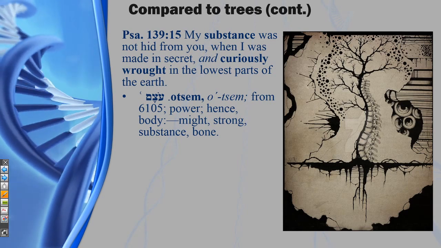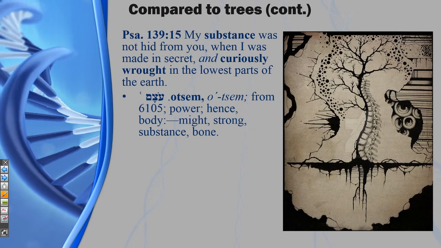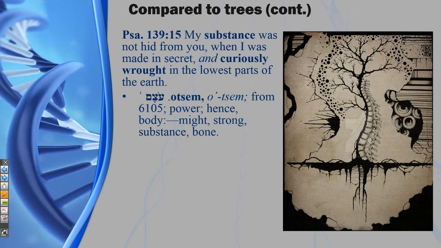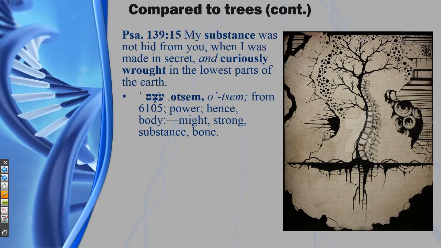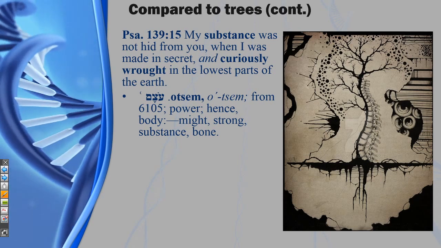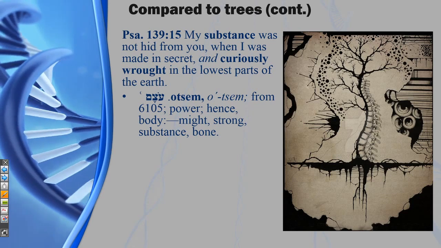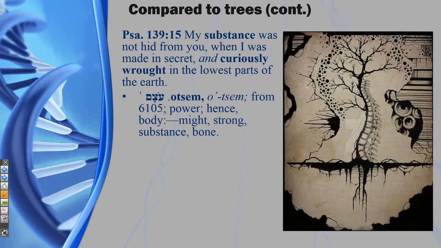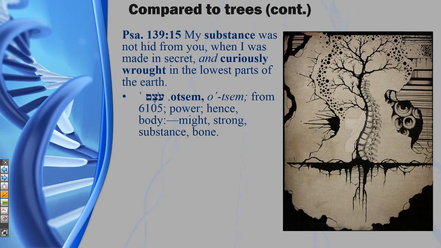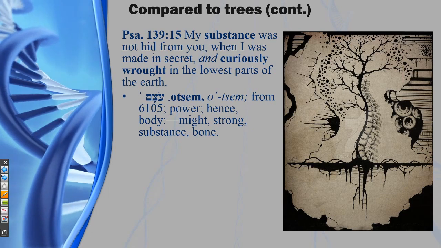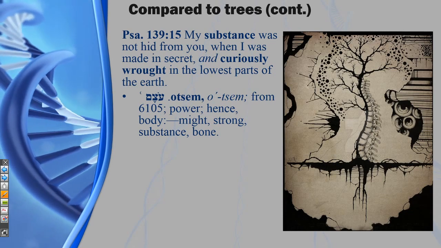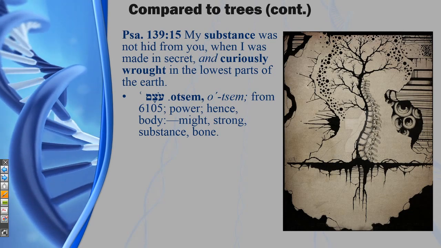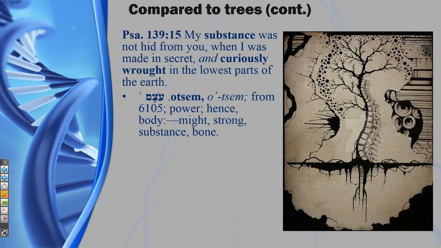Power, strength, body, might, substance, bone. You had something, Aki? I'm just looking at Psalms 139:15, and it's basically giving you an example of a seed being within the earth and it having all of the information in order to bring forth that mighty tree.